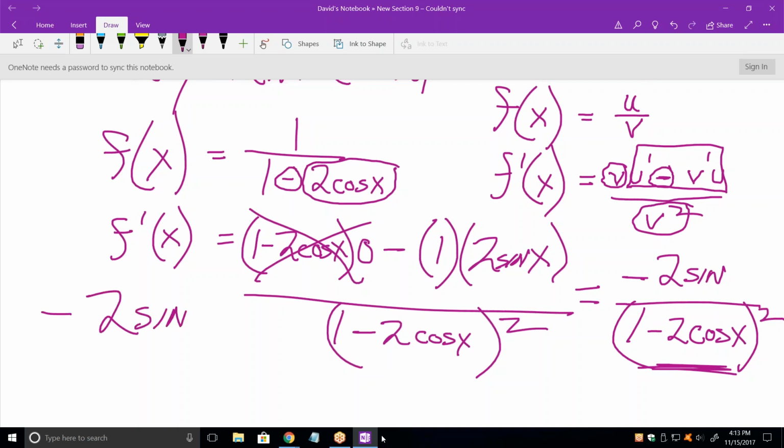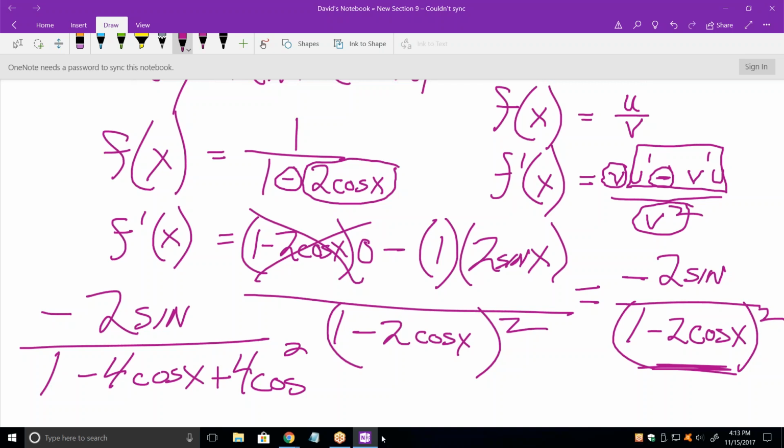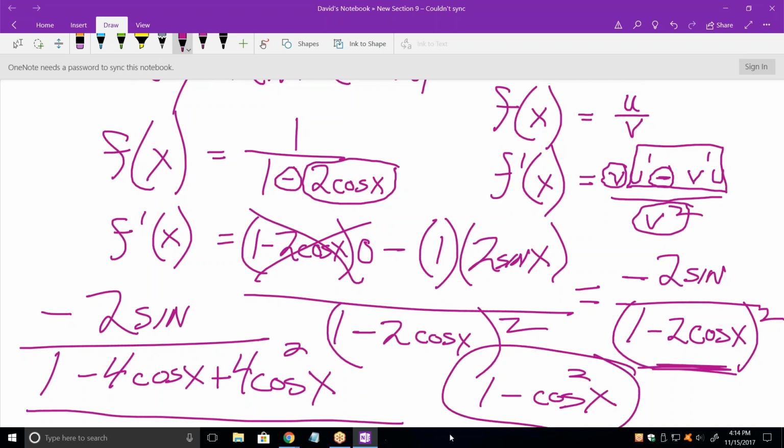If we multiply the bottom, you get 1 minus 4 cosine x plus 4 cosine squared of x. And I see nothing about that that would allow me to substitute anything in the way of sine. It's not like I have a 1 minus cosine squared. If I had that, then I substitute sine for it, and then I can cancel out some of these signs up here.